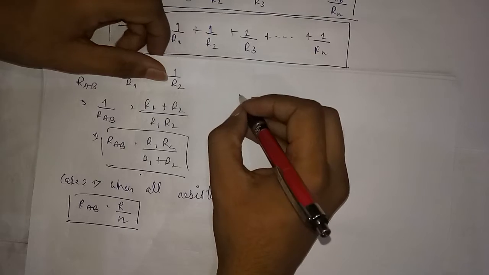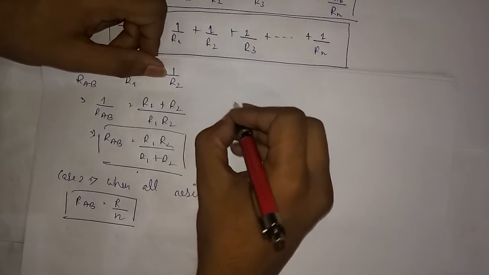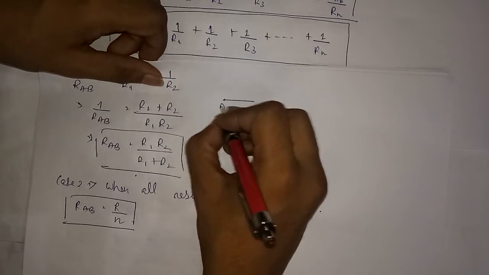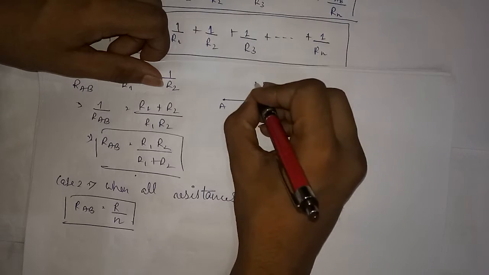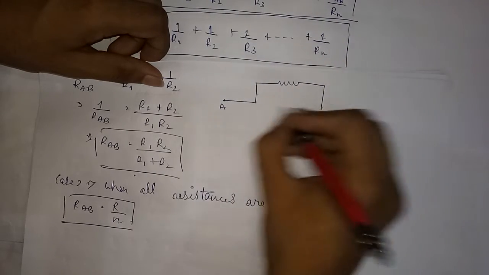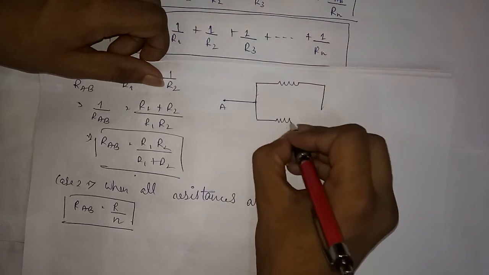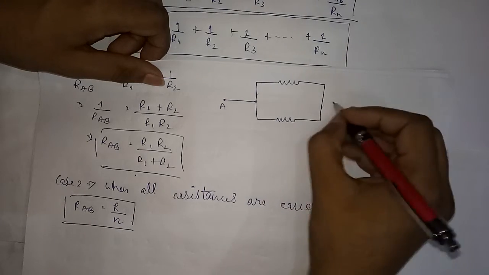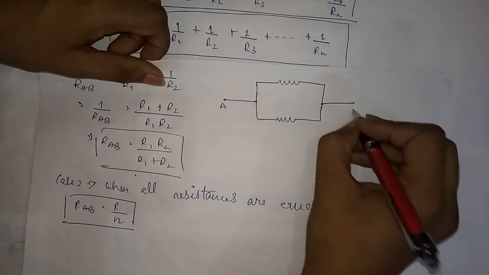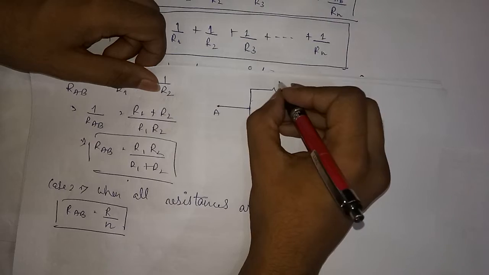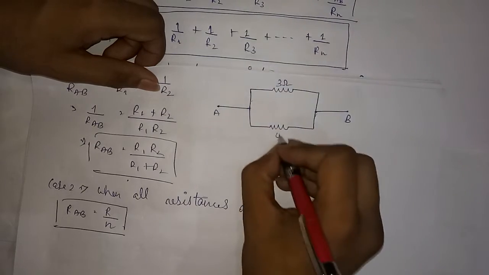So first of all, if our question is like this, this is the point A. I'm just giving you simple questions in today's class, but in our coming class we will solve more complex questions. So this is point B, and this is a 3 ohm resistance and this is a 4 ohm resistance.